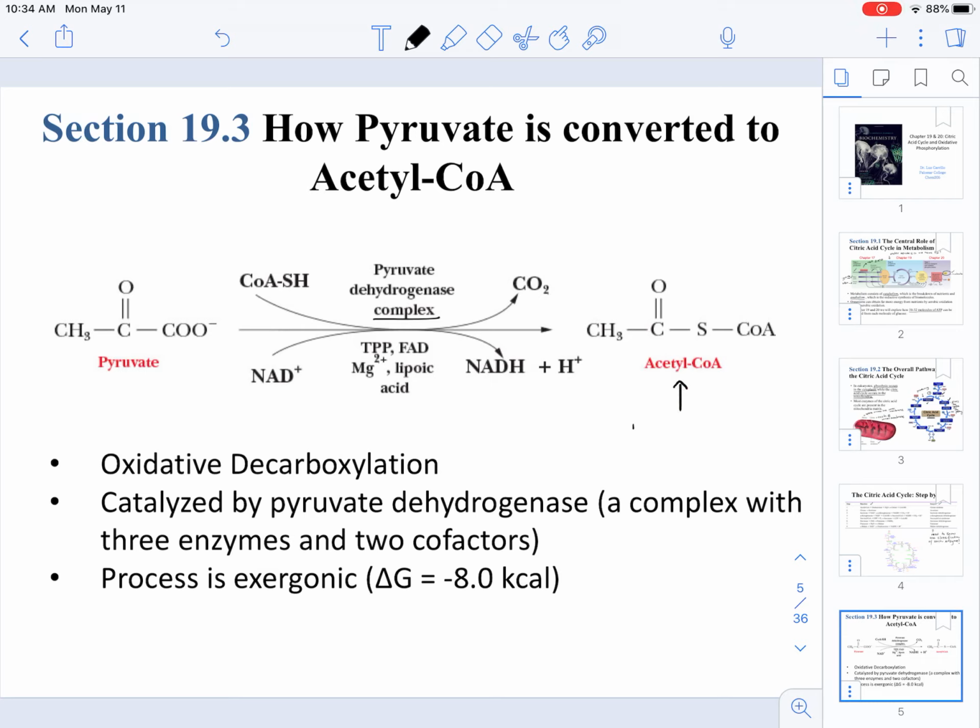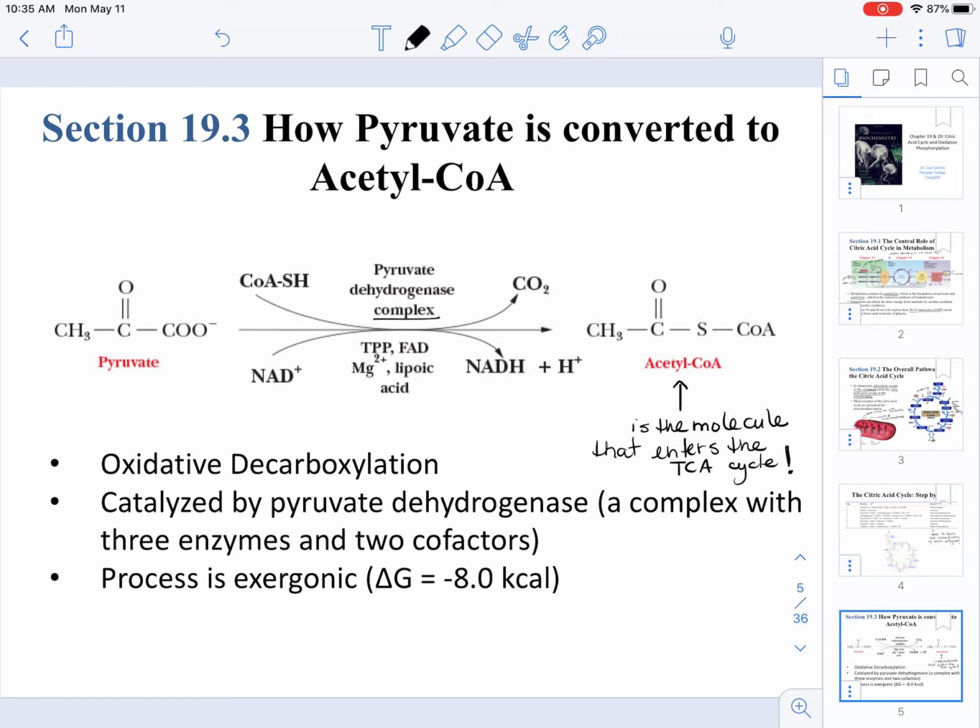Acetyl-CoA is the molecule that enters the TCA cycle. So pyruvate directly doesn't enter. It needs to be converted into acetyl-CoA before we even get started. So how is that accomplished?